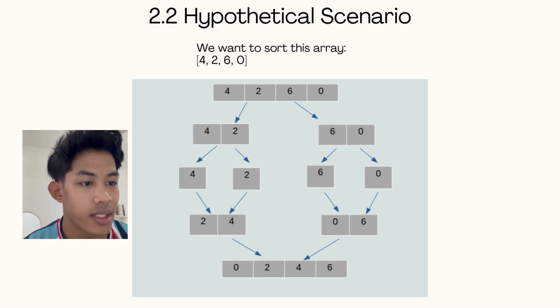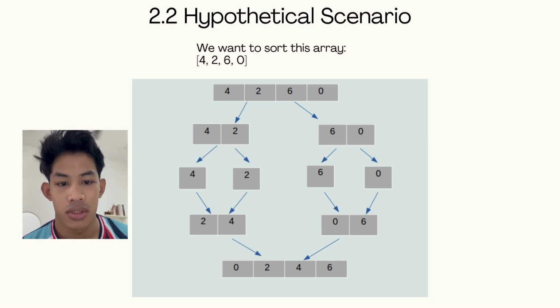Then we merge them again and compare them. 0 is the smallest here, so 0 goes at the very front, then 2, 4, 6. So that's how we sort this array.